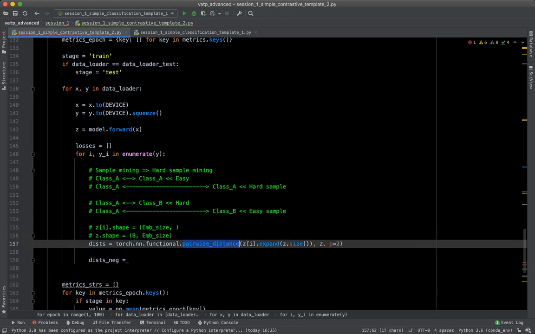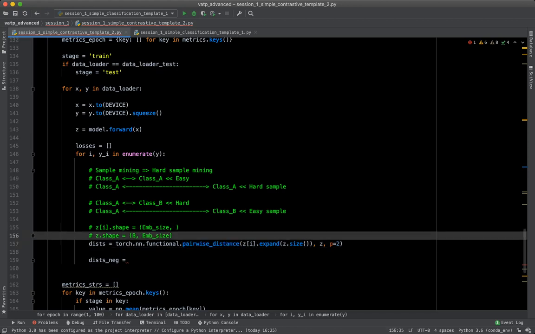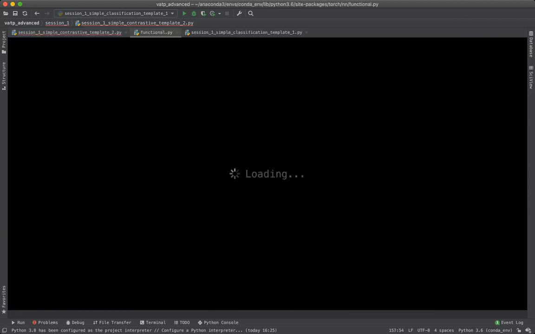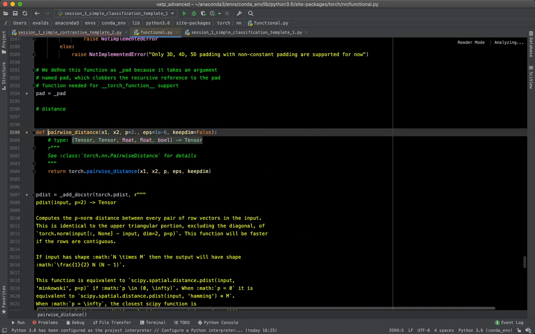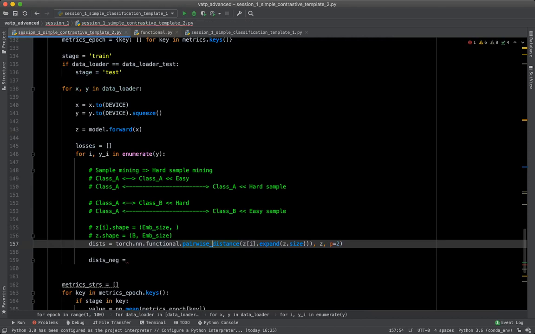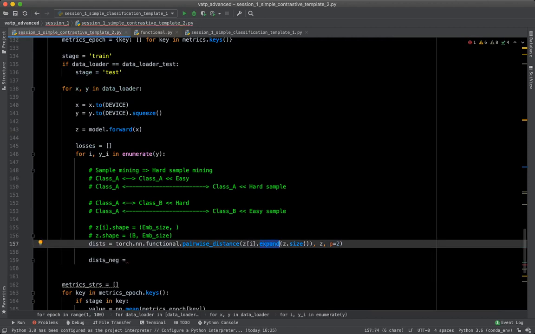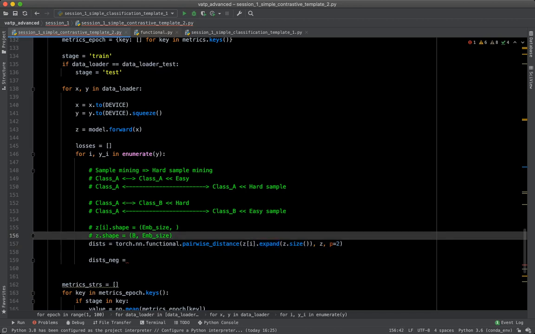If this one is not the same dimension as this one, it will just calculate the Euclidean distance over each of the pairs, and it will go over the first dimension, hopefully. Actually, let me check. I think it does that by default. There is not even a parameter for that, so it will just go over the first dimension for the pairwise distances. Okay, and expand is just the same as repeat, or I think tile. There was a function called tile, or repeat.